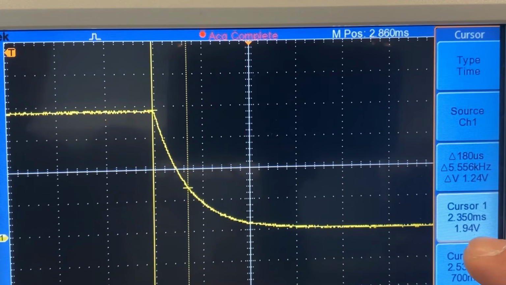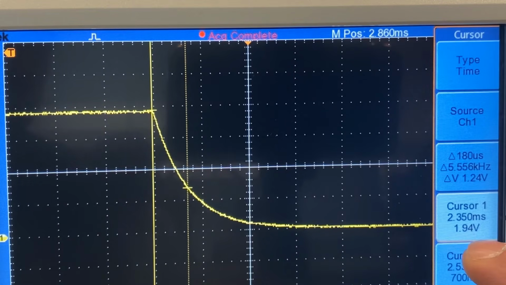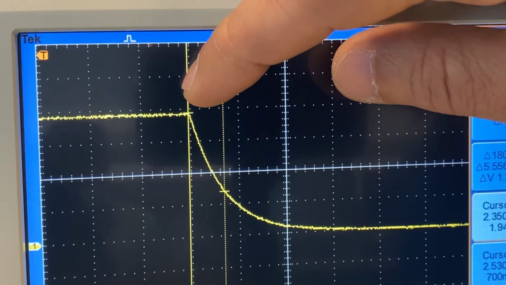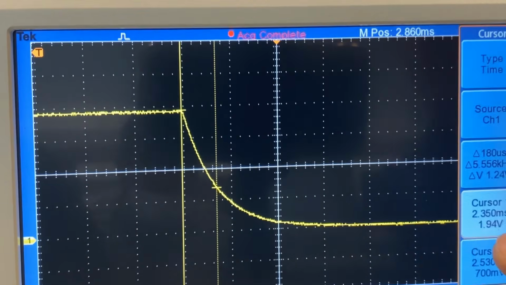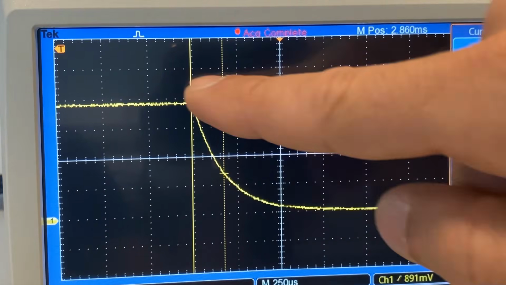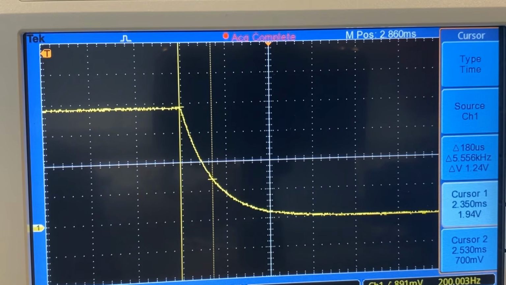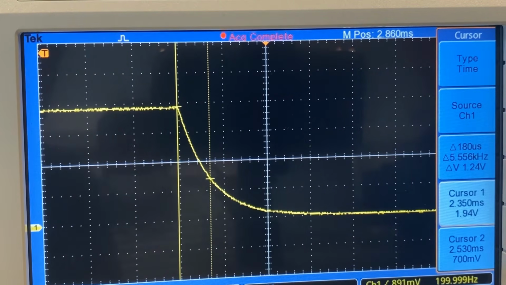So let's calculate 1.94 multiplied by 0.37 because remember the time constant is again the time required to go from the maximum, which is 1.94, to 0.37 of this maximum, which is, if you use your calculator, 0.72 volts, okay?